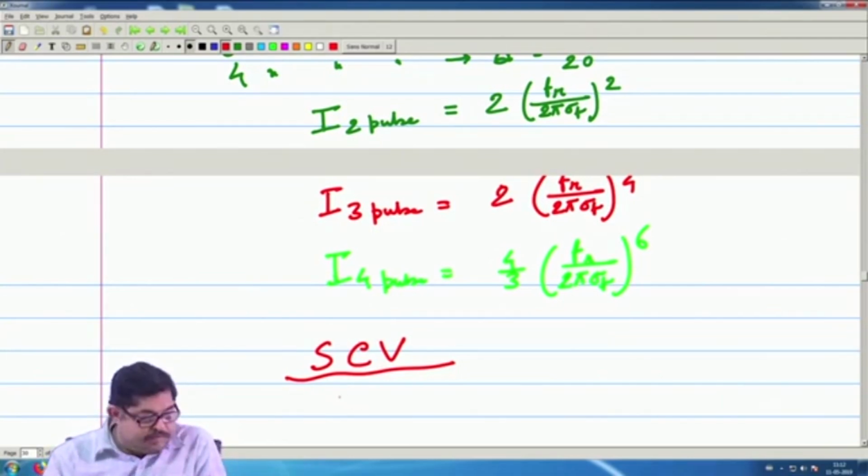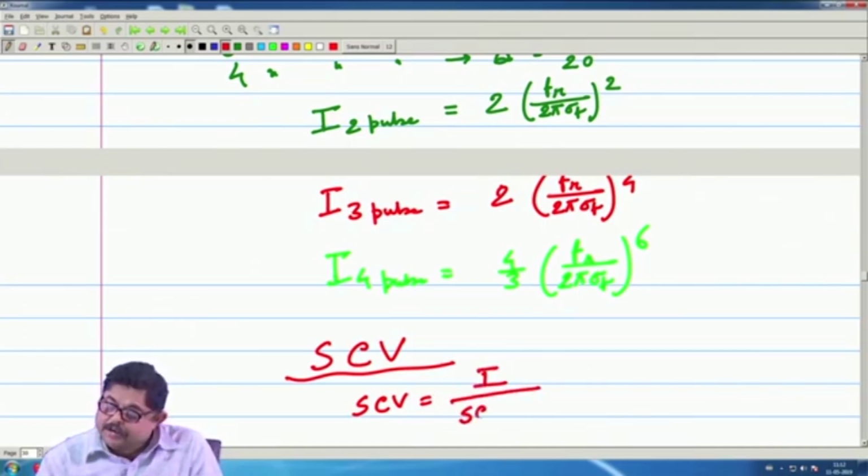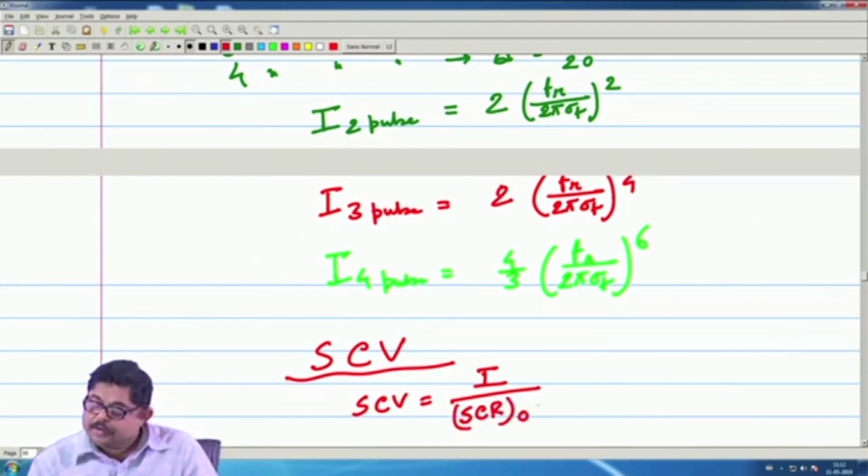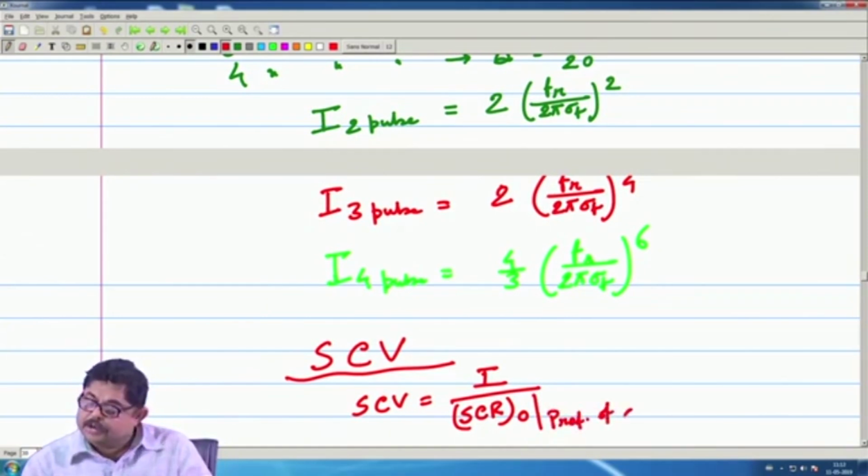I am just writing, SCV is defined as the MTI improvement factor divided by the signal to clutter ratio of the output for a given probability of detection.